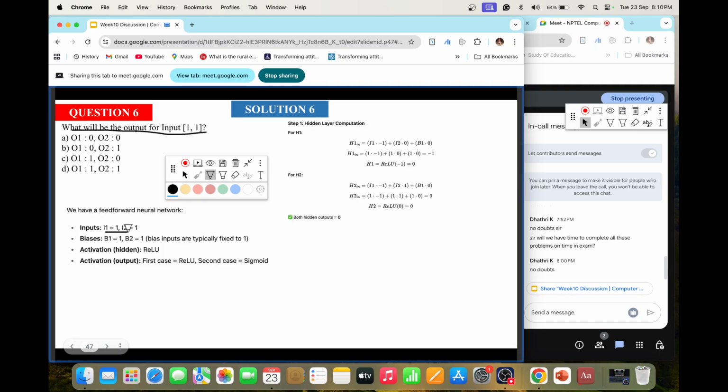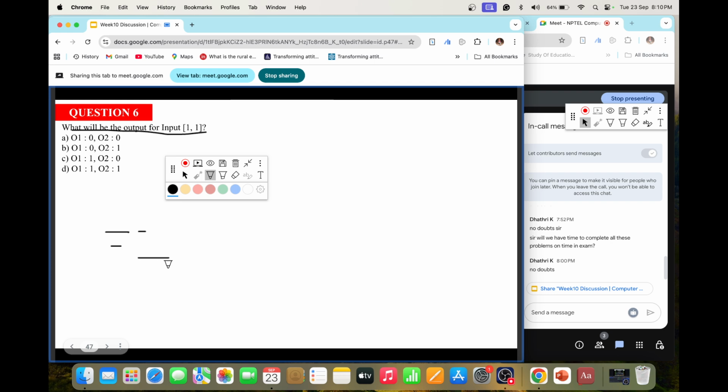First, I1 equals 1, I2 equals 1, and the biases are there. The activation function for the hidden layer and the output layer is ReLU, as has been told here.